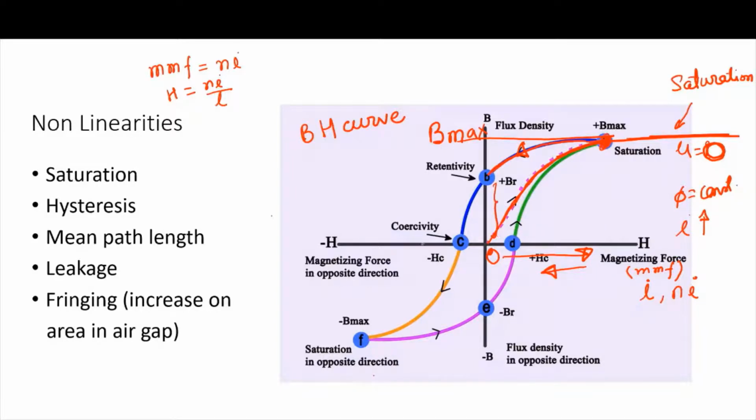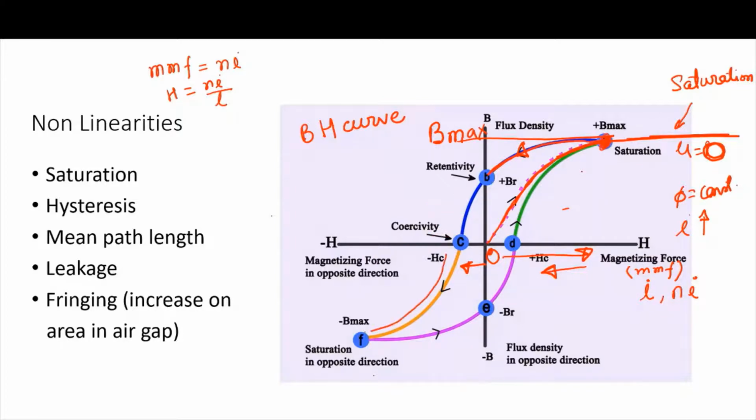That is called retentivity or residual flux density. To make this flux density 0, you have to apply some negative current, or current in the opposite direction, and then it will follow this blue path and you will reach point C, that is called coercivity. The same thing will happen the other way around.